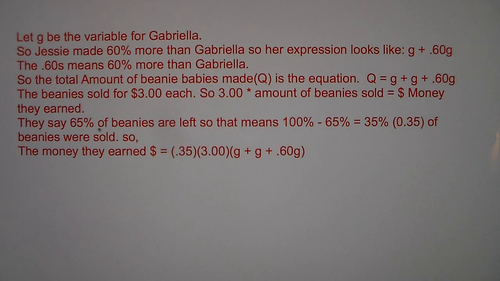They say 65% of the Beanie Babies are left, so 100 minus 65 means they sold 35% of their Beanie Babies, which is represented as 0.35. So the money they earned is equal to 0.35 for the 35% of their Beanie Baby stock, times $3, because that's the price of the Beanie Baby, and the G plus 0.6G is the amount of Beanie Babies they made. And we determine that from up above.